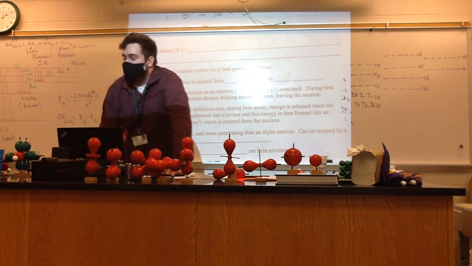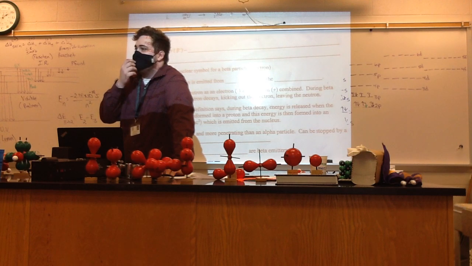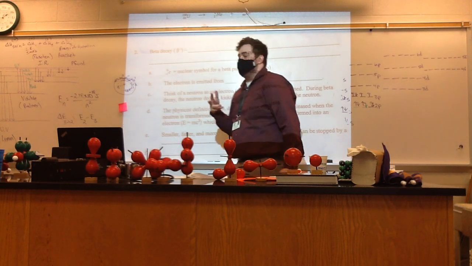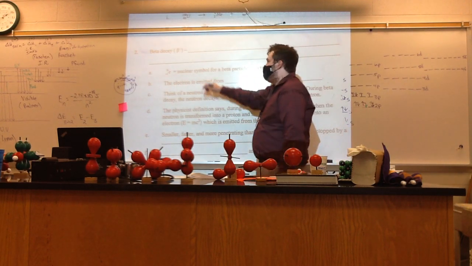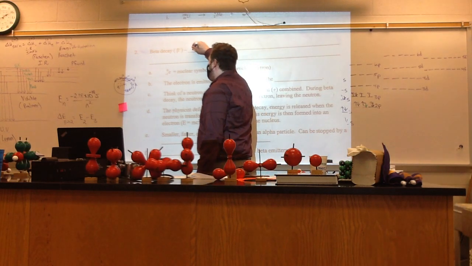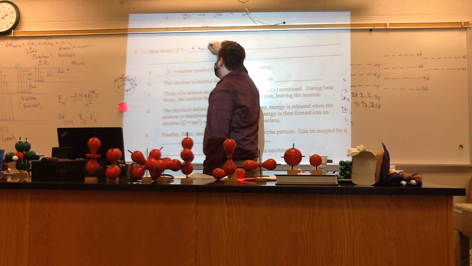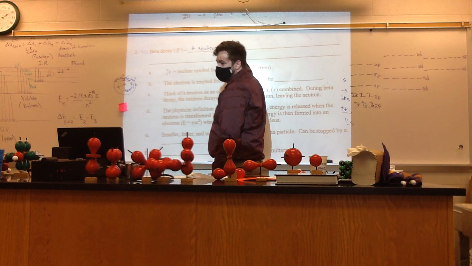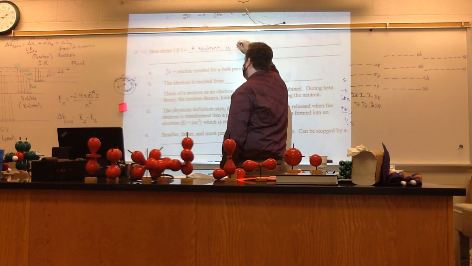It doesn't necessarily lose a neutron. You're right that an electron is emitted, but something happens to that neutron. So with beta decay, a neutron is converted into a proton and an electron.